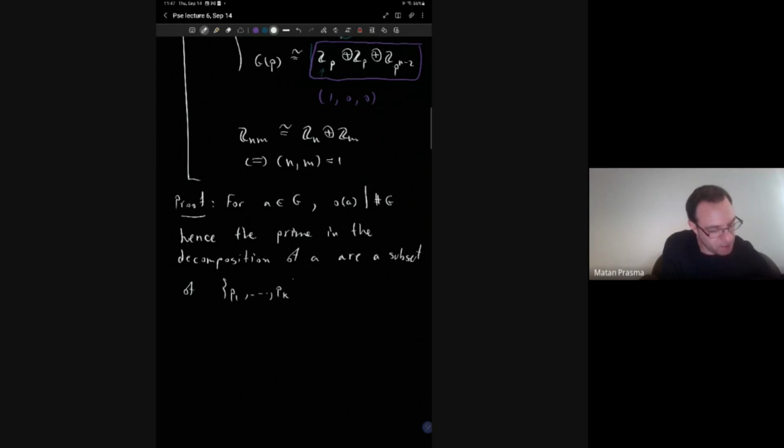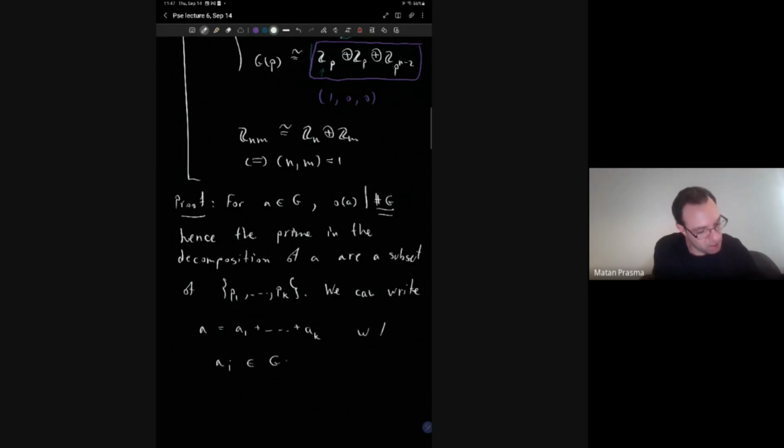These are the primes in the decomposition of the order of G. We can thus write a equals a1 plus up to ak, with a_i in G_{p_i} for i equals 1 up to k.